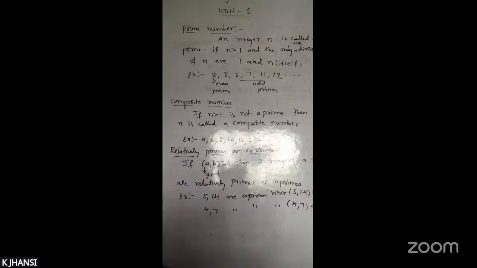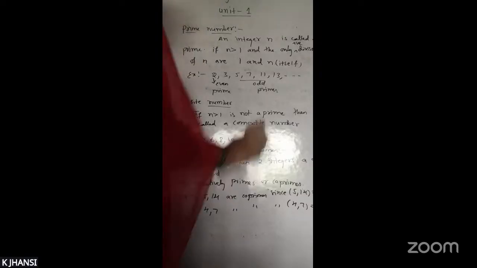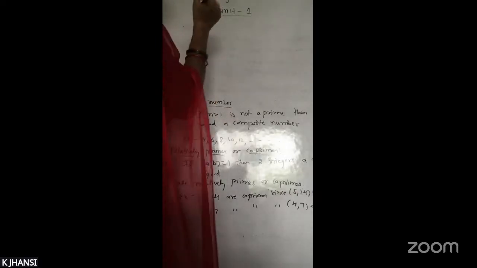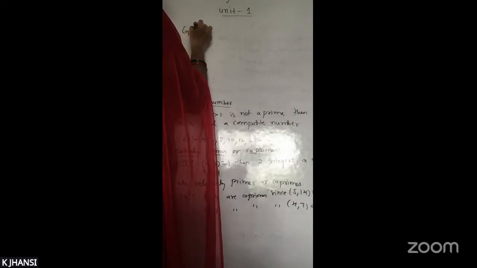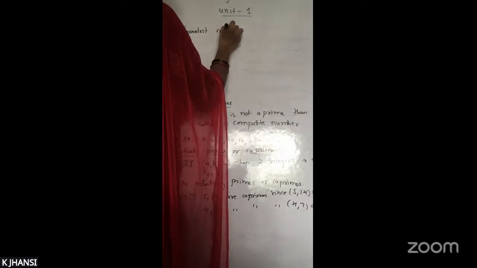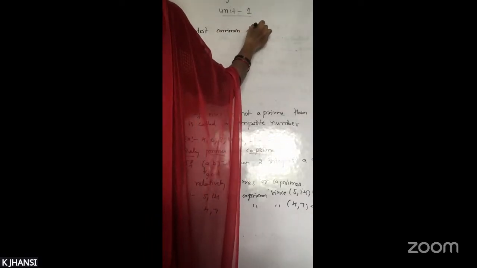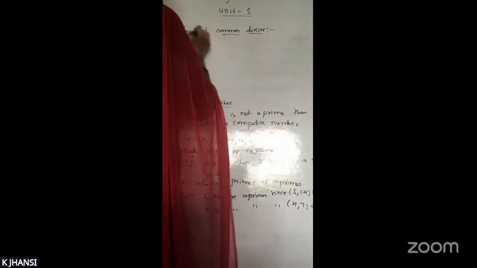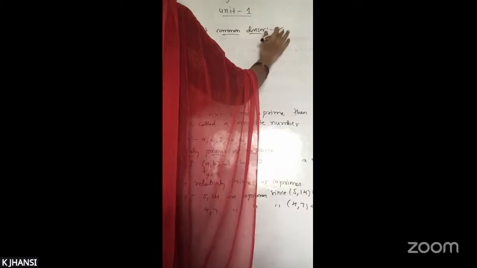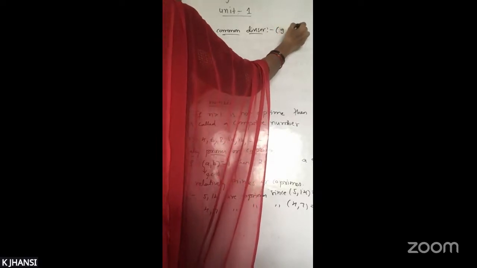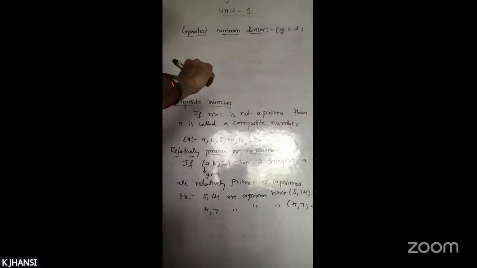Then D is called the greatest common divisor of the two elements A and B. Like this it is represented in the books.